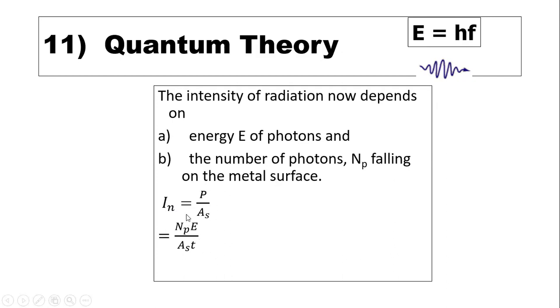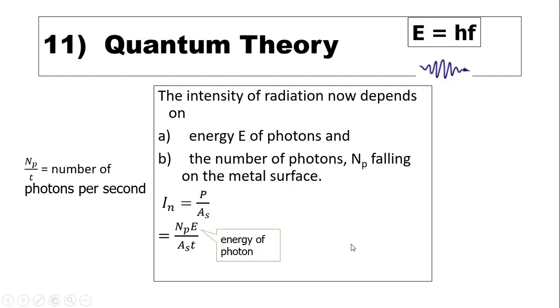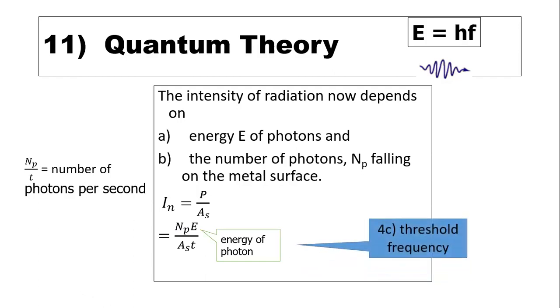So the power now becomes the total energy divided by time. Total energy is the number of photons times the energy of each photon. And P over t is the number of photons per second falling on the surface. E is the energy of a photon. So that explains to us threshold frequency.